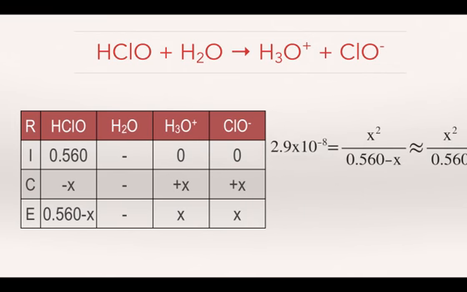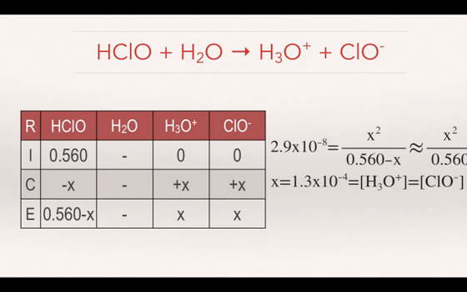In the setup of the equation, we would use our Ka value to make the assumption that X is too small to matter, so we're going to essentially have X squared over 0.560. When we solve that, we will get X being 1.3 times 10 to the negative fourth, and that will equal the hydronium ion concentration and the hypochlorite ion concentration.